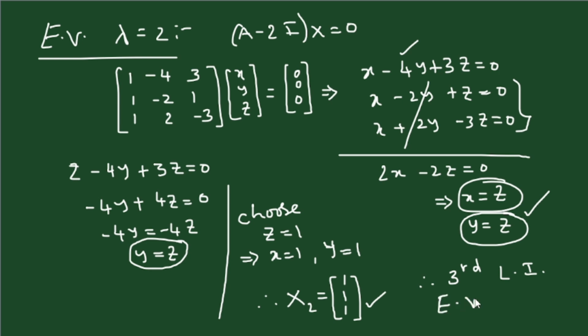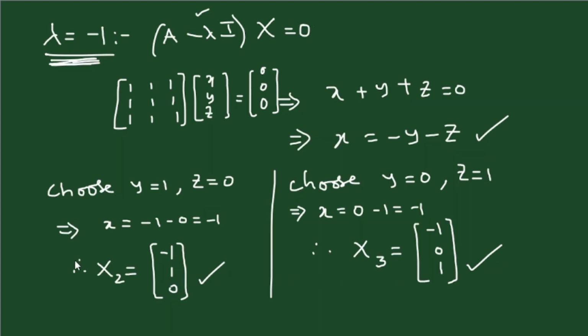Because we are going to choose only one value, we are going to obtain the values of two variables, you will get only one vector. You can't find the third one.